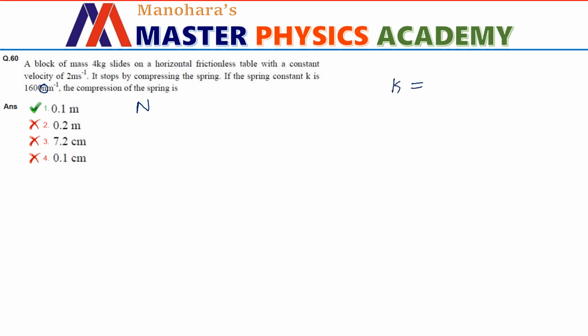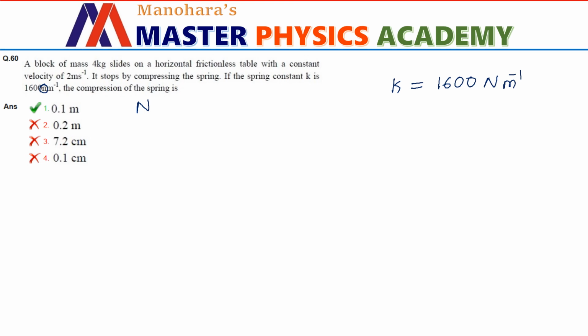See, another mistake. It's full of mistakes. I thought the last question would be flawless, but it is not. I think we can claim grace marks for this also, because they should check before they upload. The compression of the spring is... I will solve this thinking that it is capital N.